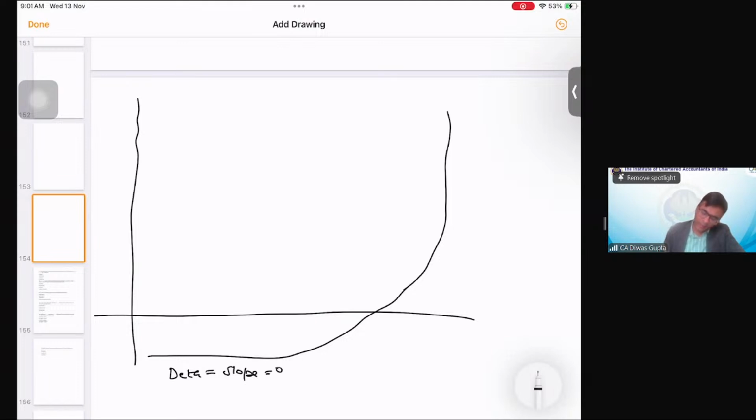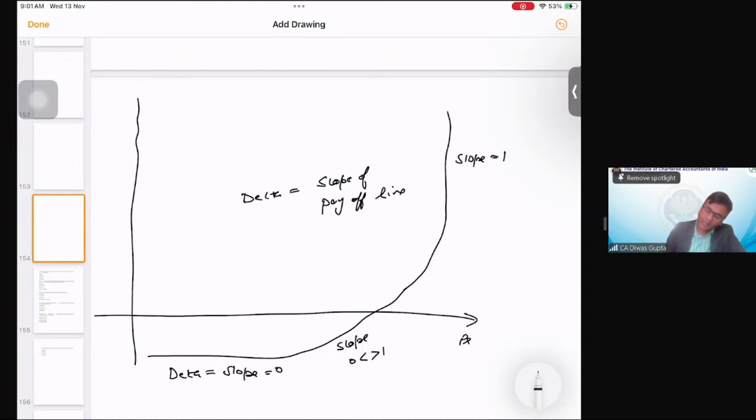Then here slope will be in between 0 and 1, right? Then finally, slope here becomes 1 for a vertical line, correct? So what I'm saying is delta is actually the slope of line, slope of payoff line. Clear? Where on x-axis price is there and y-axis payoff is there. Okay.